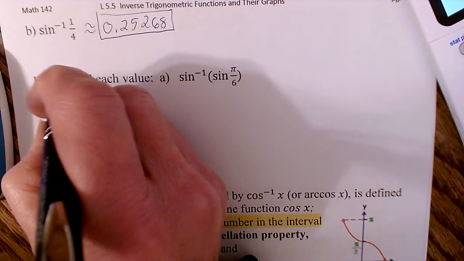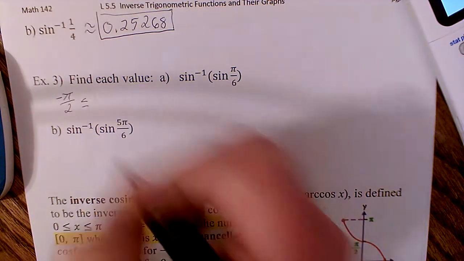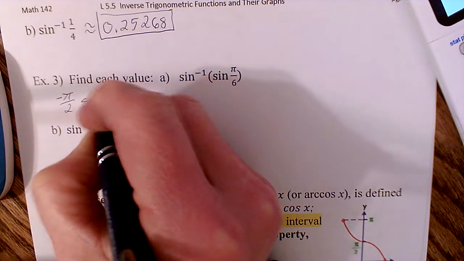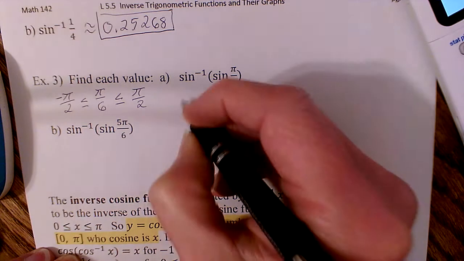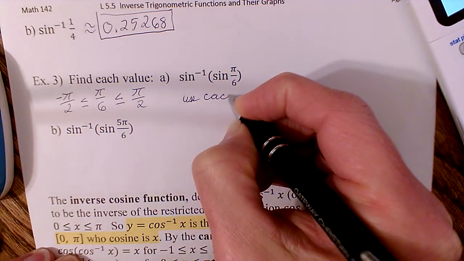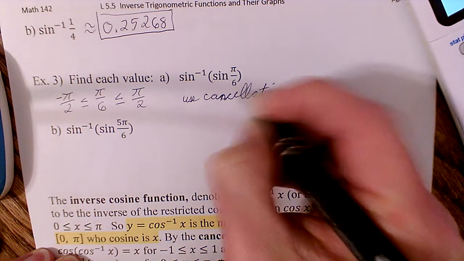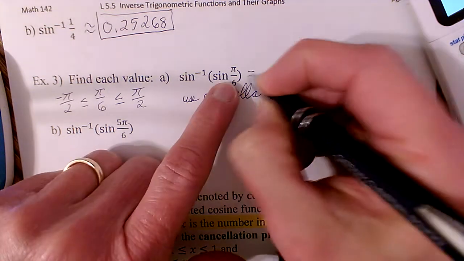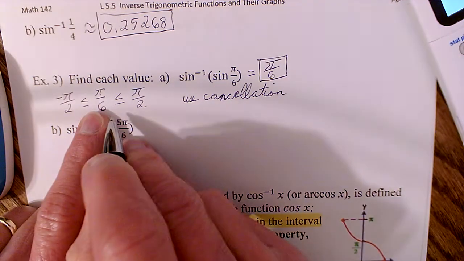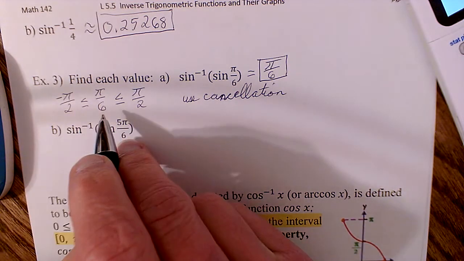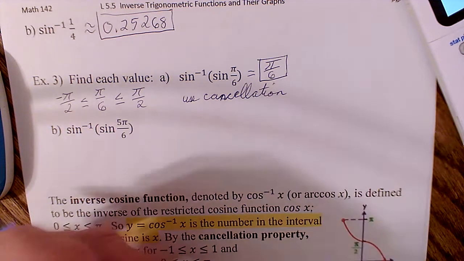So let's make sure that negative pi over 2 is less than or equal to pi over 6, and it is, so far so good, and that that's less than or equal to pi over 2, and it is. And so we can use the cancellation property, and that's just going to give us pi over 6. So other than making sure it's within our limits, all we have to do is just say, hey, we get that back again.